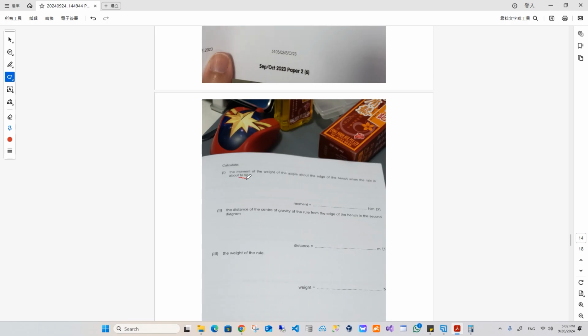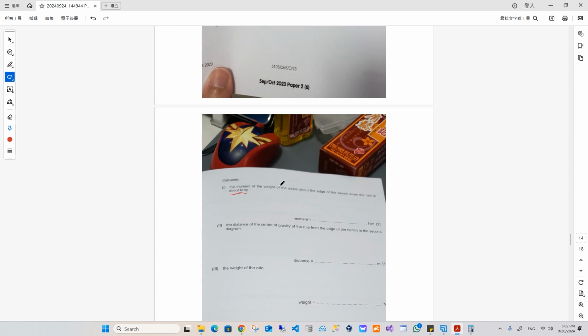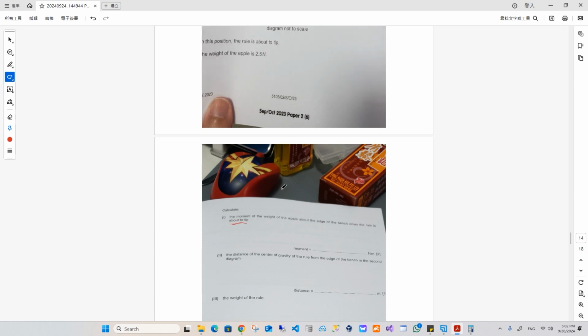About to tip means it is the last instant before turning. It is still just nice, yet to turn. So treat it as the last instant of equilibrium. That means you don't have any normal reaction. The weight is just enough to toggle about the pivot point.